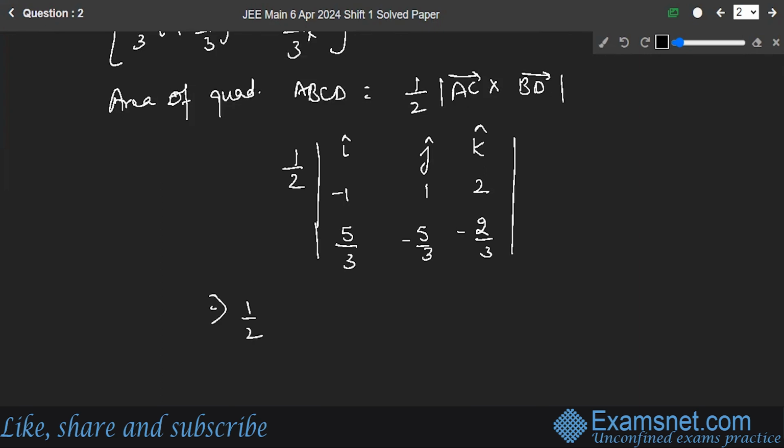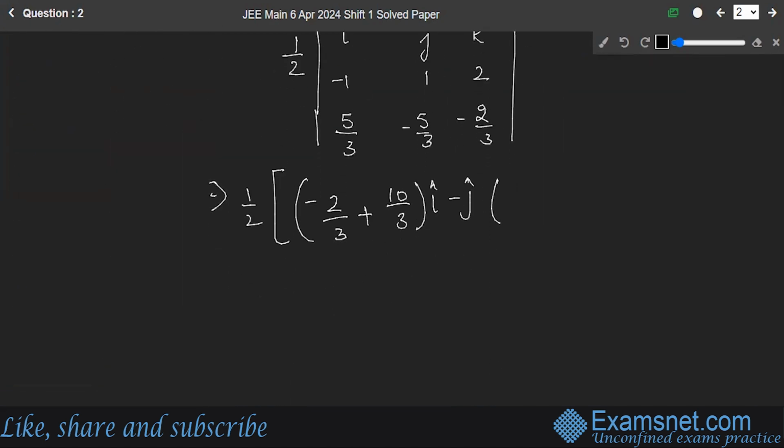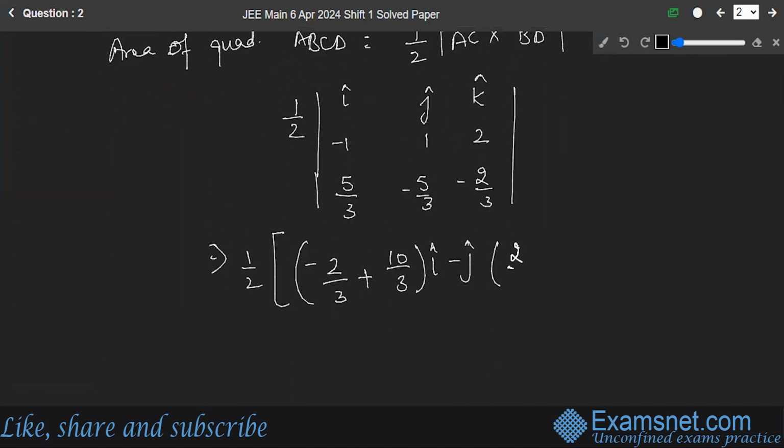So this gives me half of, let's solve. This will be minus 2 by 3 and plus 10 by 3, right, I, and minus J, this will be 2 by 3 minus 10 by 3, plus K, this will be 5 by 3 minus 5 by 3.